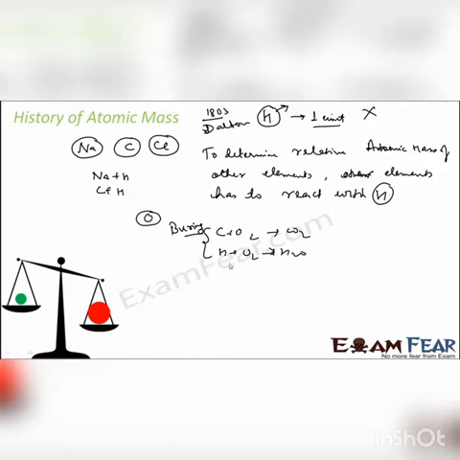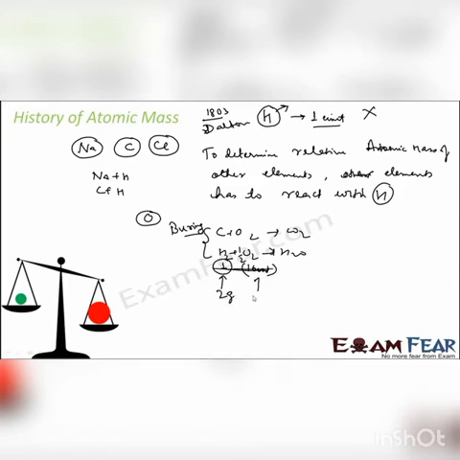If hydrogen is considered as one unit, the oxygen value came out to be 16 units experimentally. Let's assume Dalton's theory itself. H2 plus half O2 gives H2O.